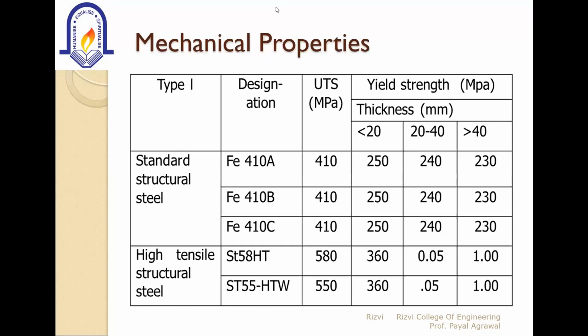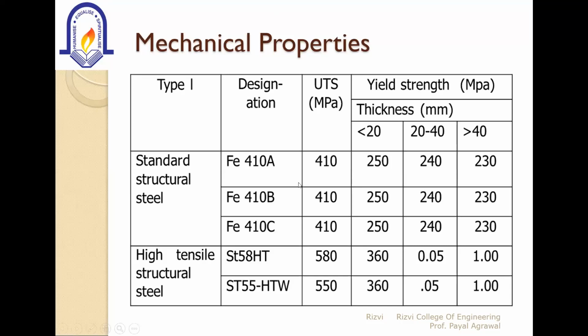Then the next is the mechanical properties of the steel. As you can see, type 1 is the standard structural steel, and its designation is Fe410A. 410 is the grade of steel. Basically there are three grades of steel, that is 410, 250.